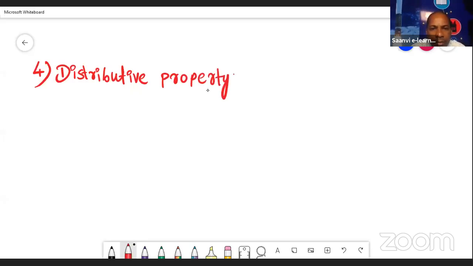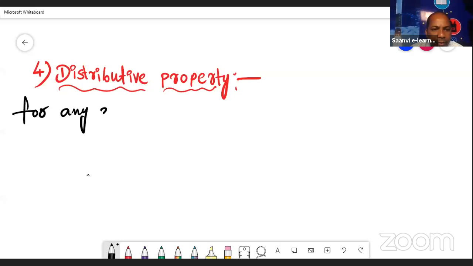So distributive property says that for any three whole numbers, same again, okay, same like associative property.